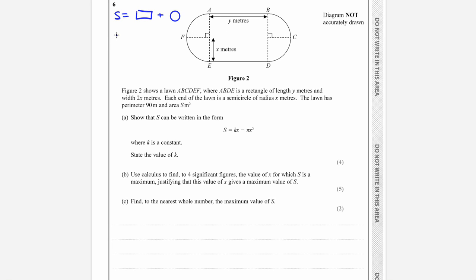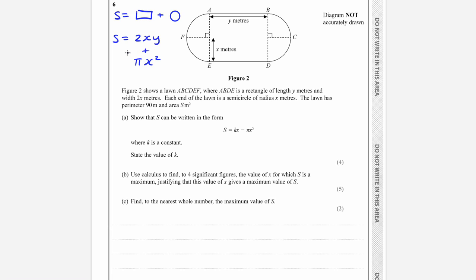So the rectangle is, no, sorry, it's 2xy. So it's 2xy plus, the circle is pi r squared, and the radius is x, so it's pi x squared.